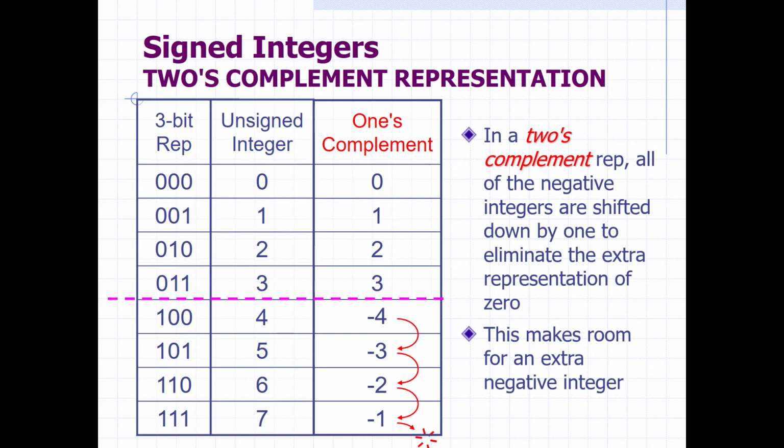The beauty of 2's complement is it fixed the 2 zeros problem, and believe it or not, it also fixes the addition problem. When we add the binary strings together, we actually get the result that we should, provided that we're still in the range. Like on 3 bits, the only thing we can have is -4 up to +3.